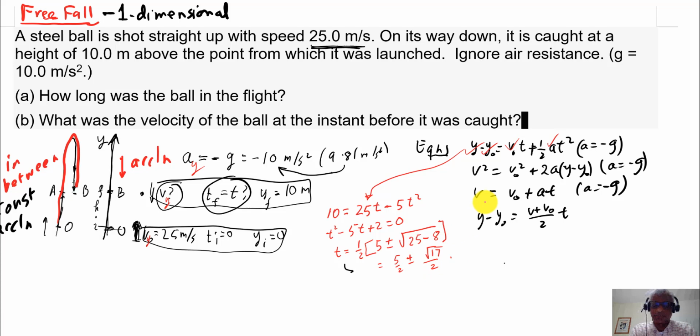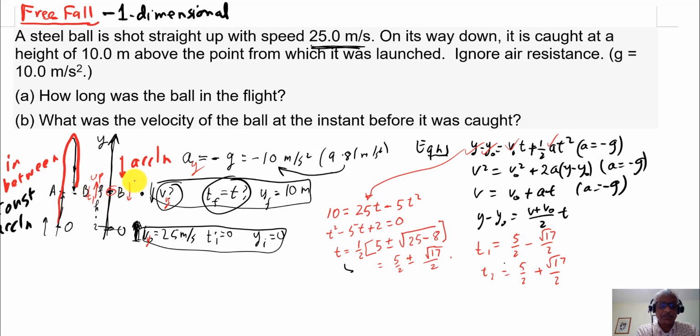We got two answers: t1 is 5 over 2 minus the square root of 17 over 2, and t2 is 5 over 2 plus the square root of 17 over 2. When it was going up, that's t1 at this height.